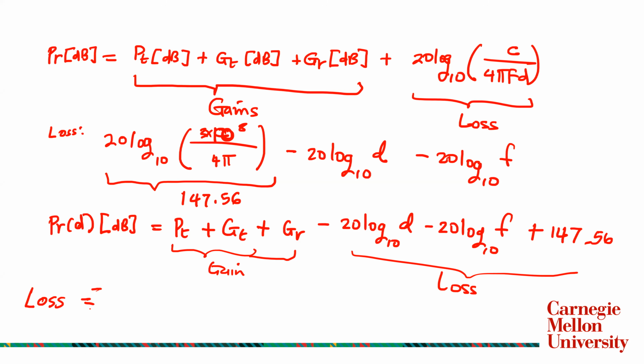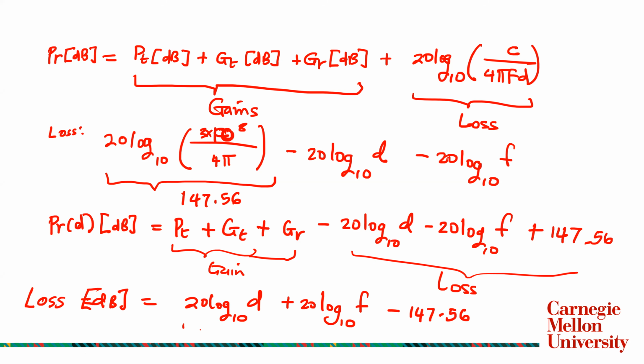In fact, if I ask for the loss in dB, you should write it as 20 log 10 of D plus 20 log 10 of F minus 147.56. So this is the loss. But when we put it in this equation, we have got to put a negative here. So that becomes minus, minus, and that one becomes plus. Remember, these are in their SI units. So D is in meters, F is in Hz.